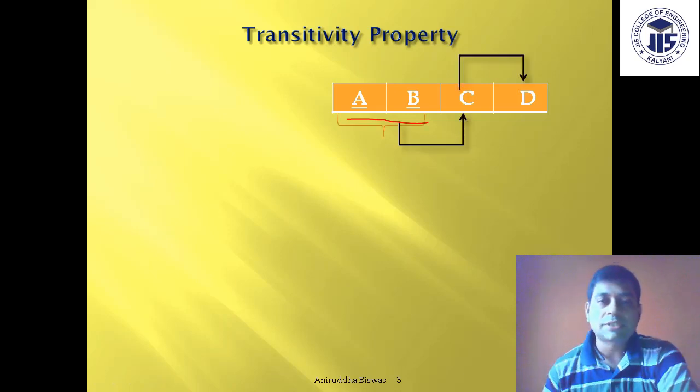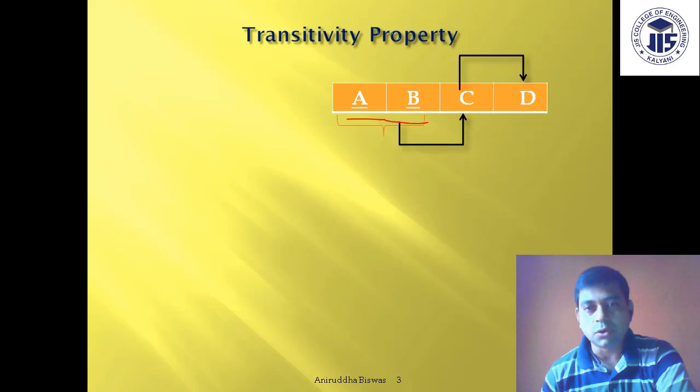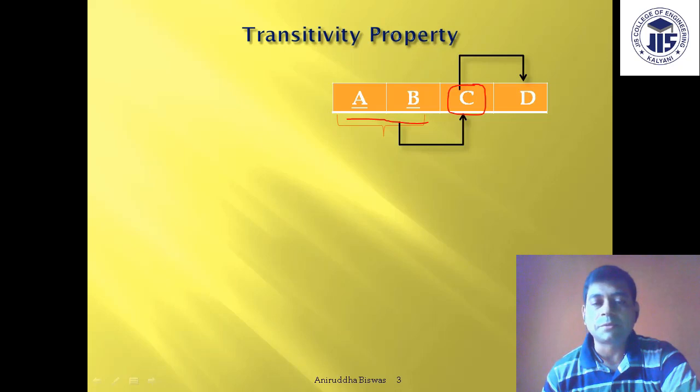Here, in the first dependency, AB, the whole key, is determining one of the non-key attributes, that is C, and C again determines another non-key attribute, that is D. So this is what the transitivity property is.